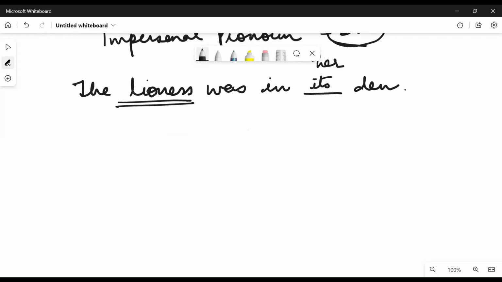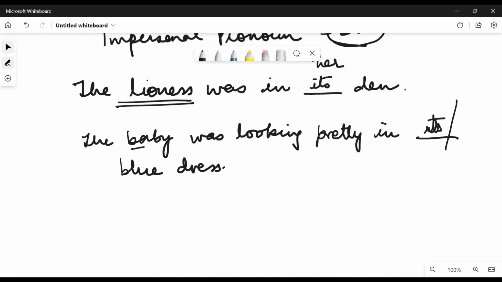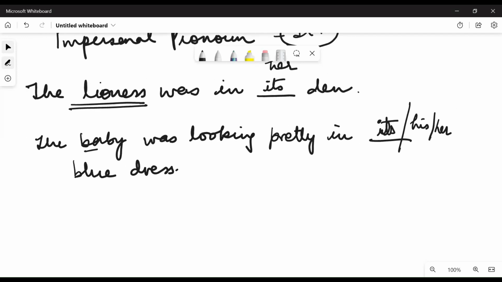Like the baby was looking pretty in dash blue dress. So here for baby we can use its, of course, in its blue dress. But if we want to specify the gender of the baby, we can use his or her according to the gender. I hope it is clear.